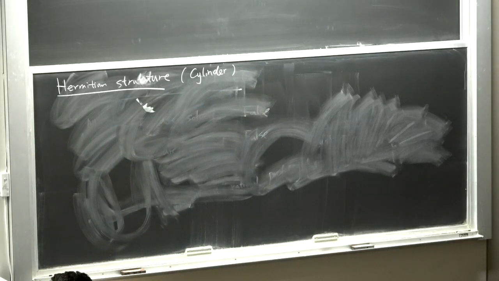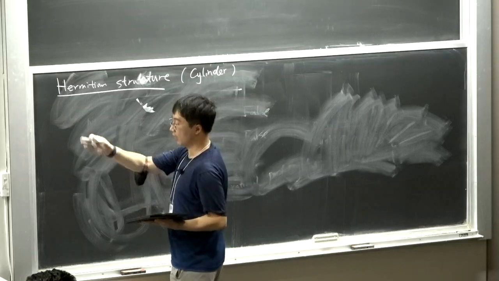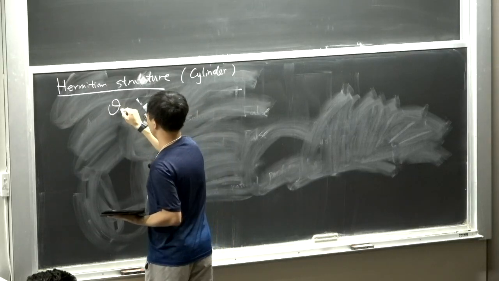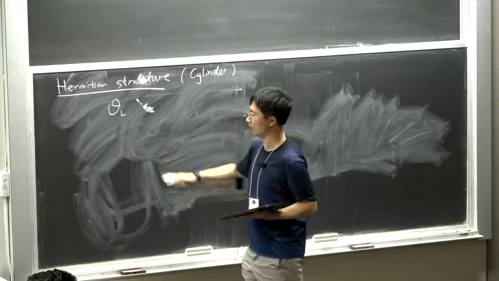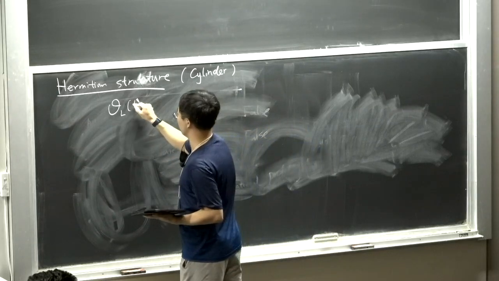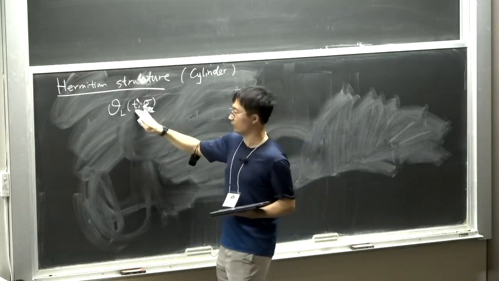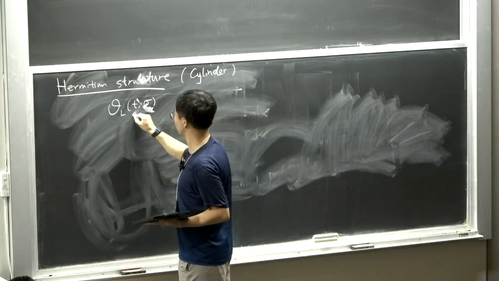So for the moment, let's think about this as a Lorentzian cylinder, where this direction is time. It's Lorentzian time, and the operators on the cylinder in the Lorentzian signature, I'll use the subscript L to emphasize it, is inserted at some position, which I call T and sigma. T will be the Lorentzian time.